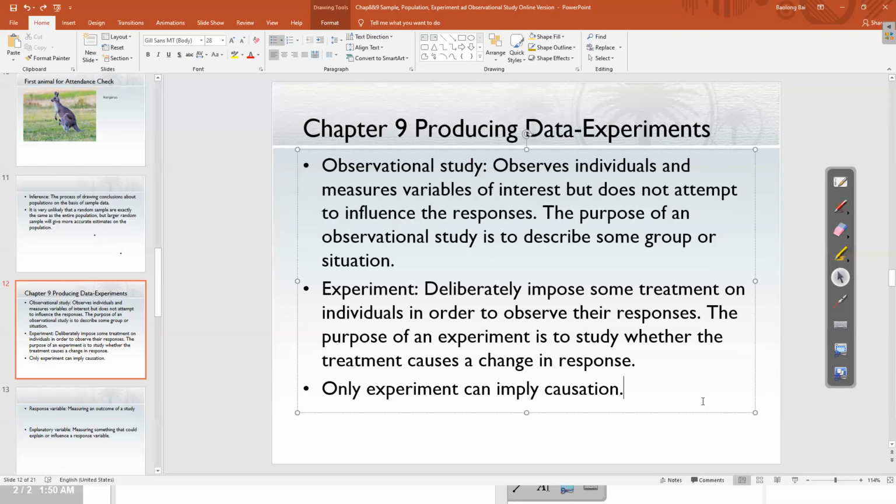But when you think about the design of the study, the researcher doesn't control anything. They're just observing if there is a relationship between smoking and lung cancer, and they try to put a cause in there.